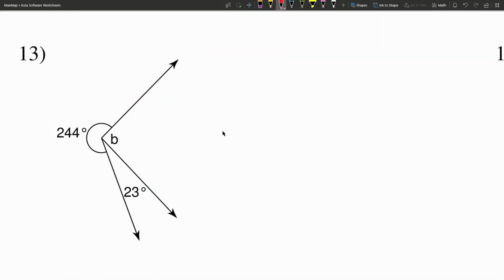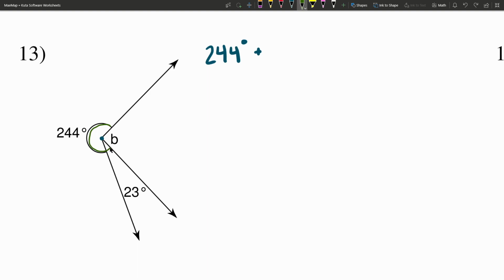Looking at number 13, we can see from this vertex here, we have an angle of 244, an angle of 23, and an angle of B that form that full circle around, which is equal to 360 degrees. So we know that 244 degrees plus 23 degrees, so there's our 244 degrees.